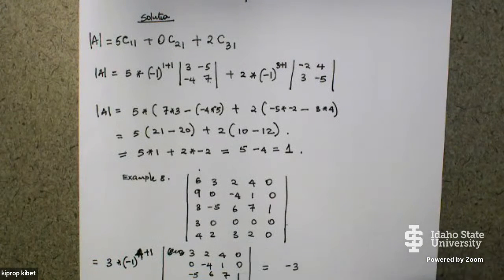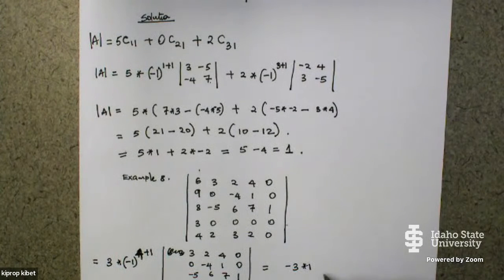So this, right? The 1, 2, 3, 4, the fourth column. So we can delete this. So it will now be minus 3, which you get from here, multiplied by -1.